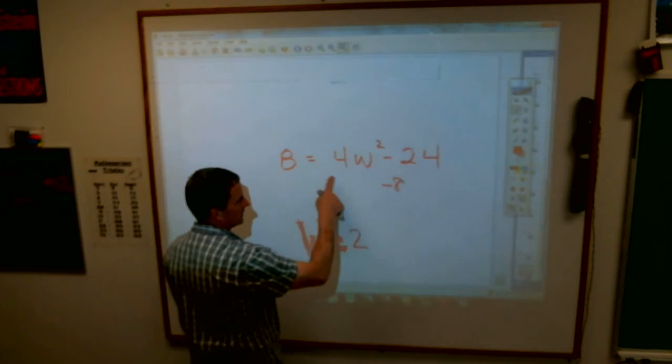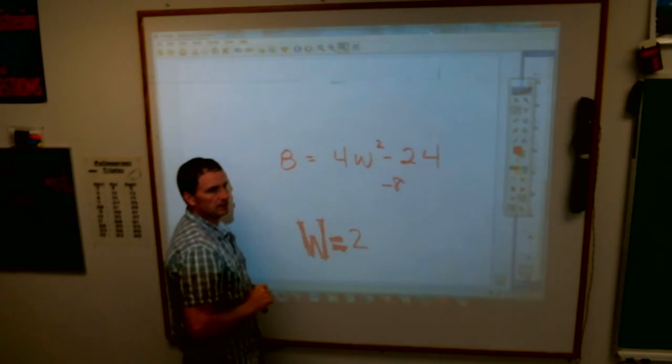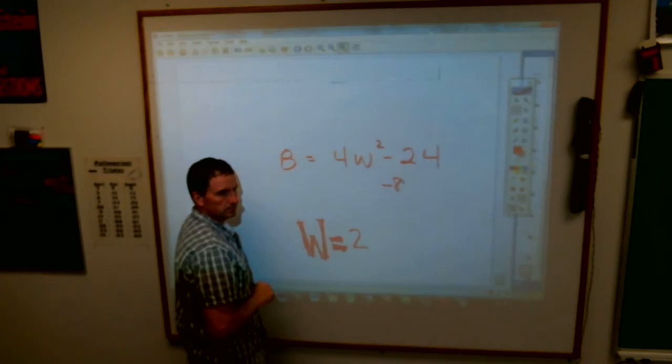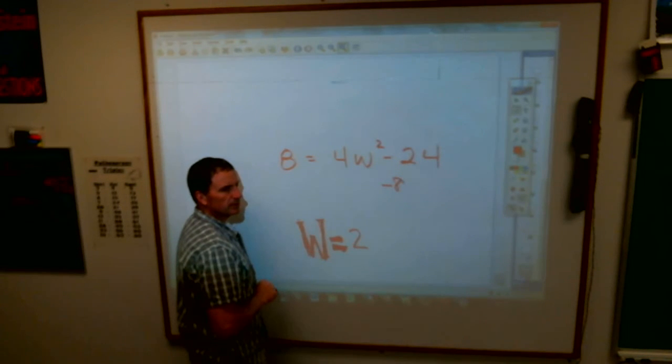No, because negative 8 is not the same as positive 8. Flip it. I don't know what flip it means. 8 takes the place of 4, so it's 4w squared equals 8 minus 24.